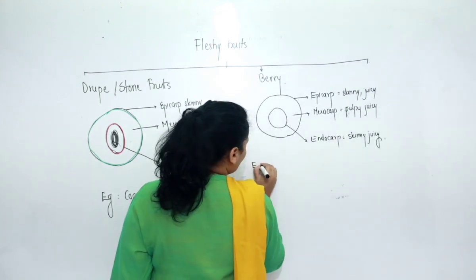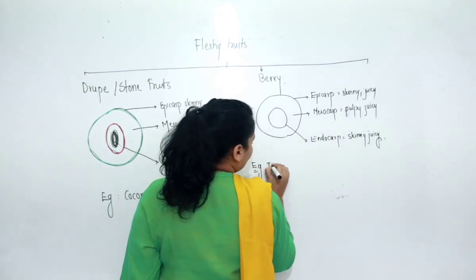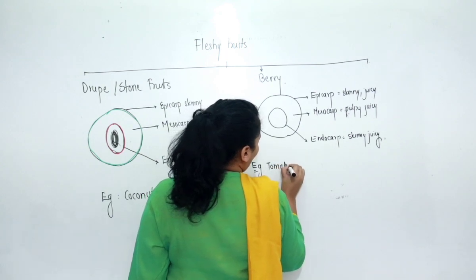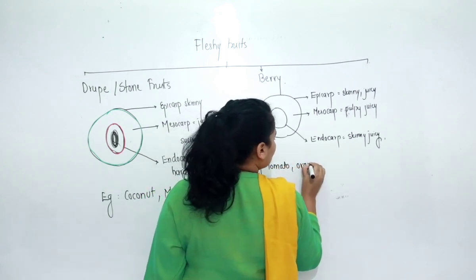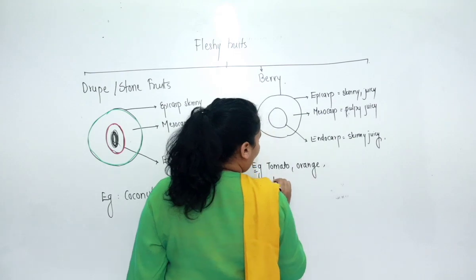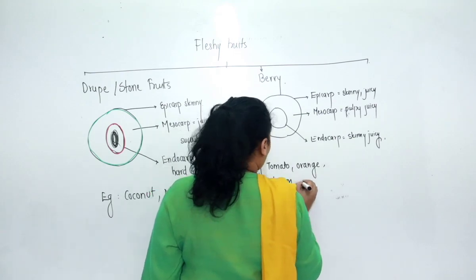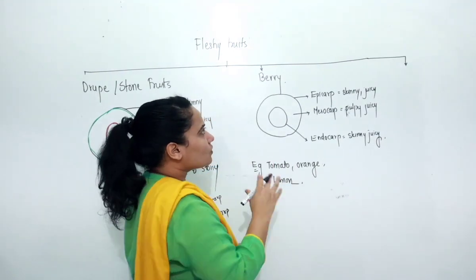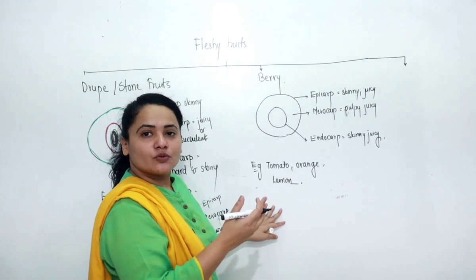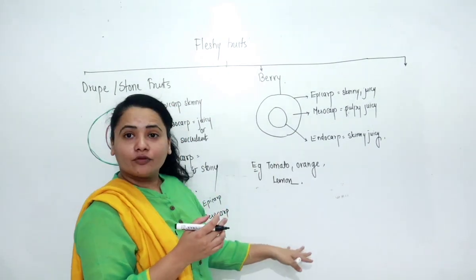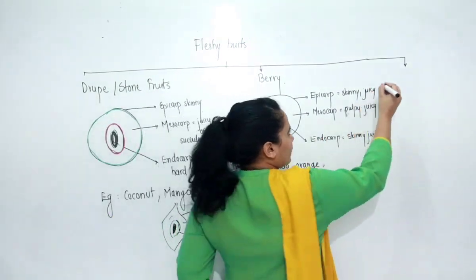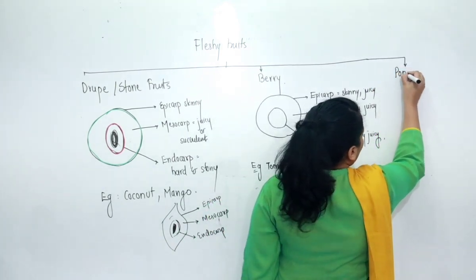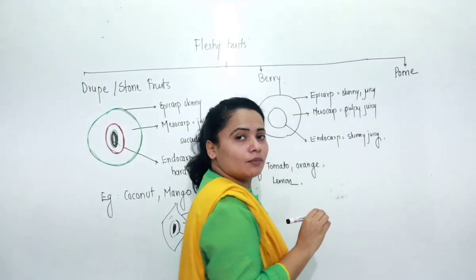So examples of this are tomato, orange, lemon. So this is all about the berry fruit. After this we'll talk about the third kind of fleshy fruit, which we call the pome.